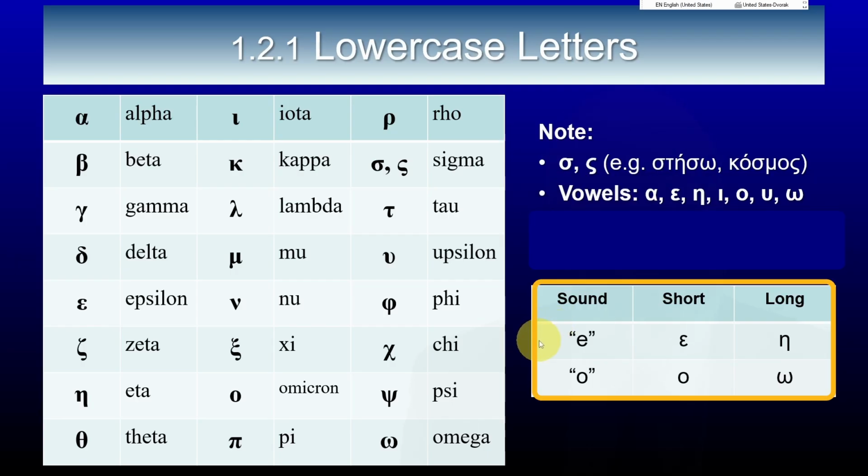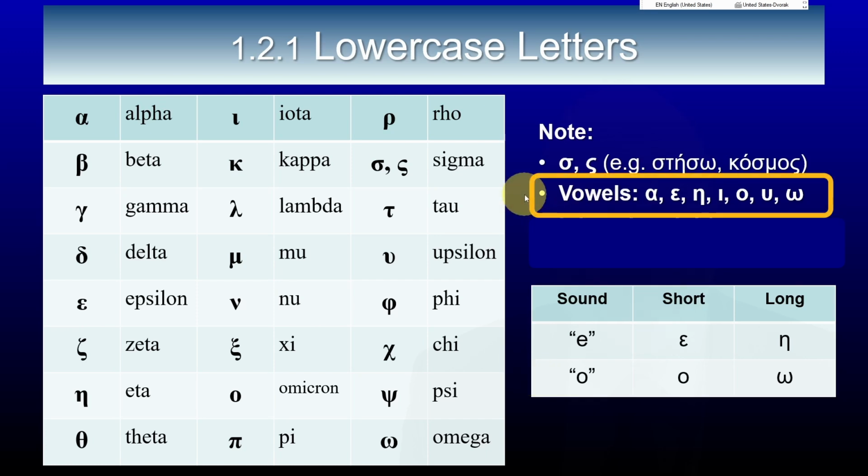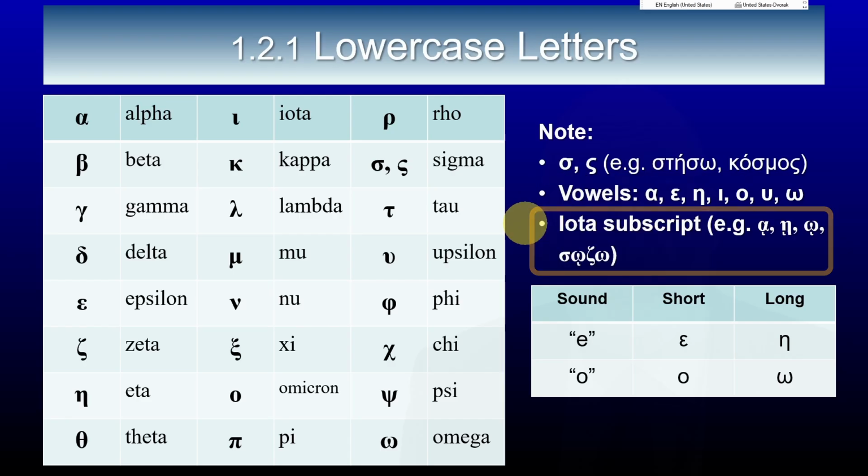This table here shows that the short E sound is an epsilon, and the long E sound is an eta. It also shows the short O sound is an omicron, and the long O sound is an omega. So there are 7 Greek vowels: alpha, epsilon, eta, iota, omicron, upsilon, omega.